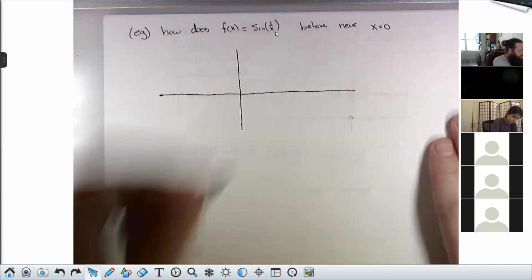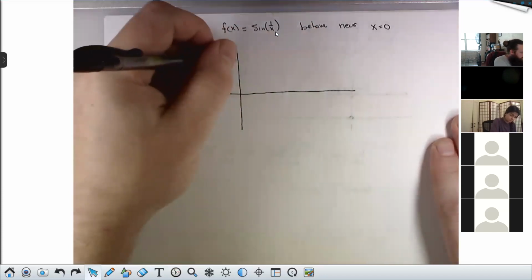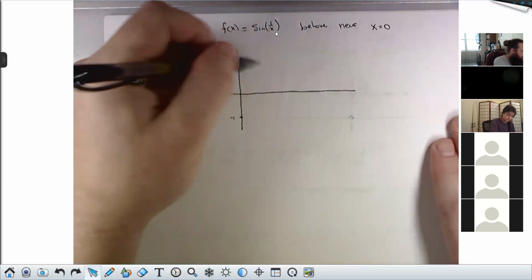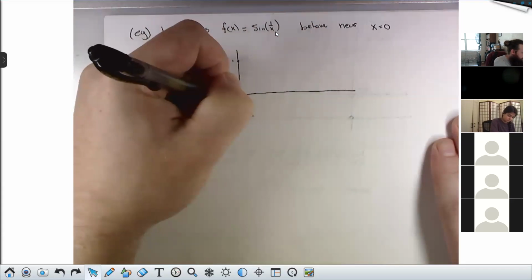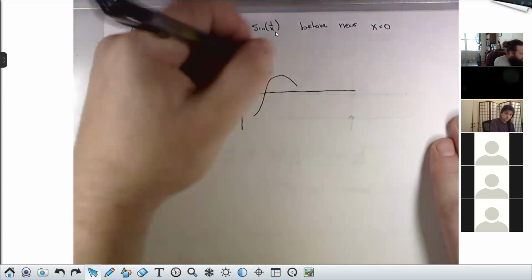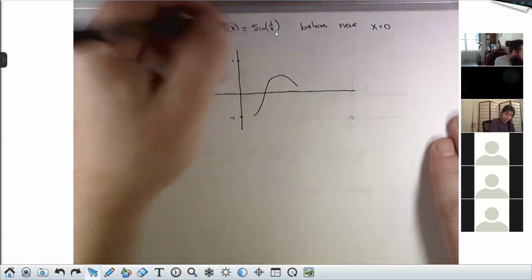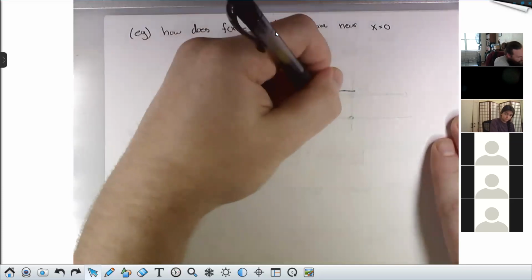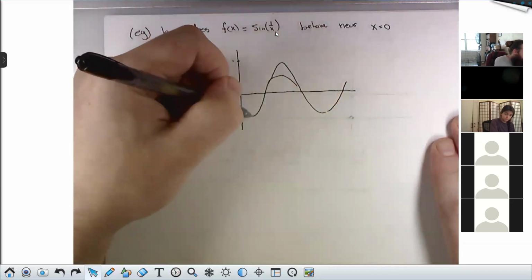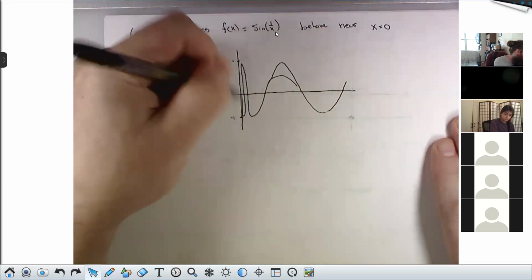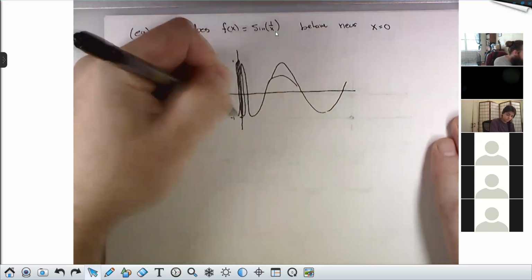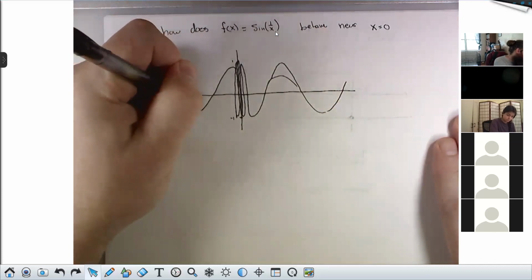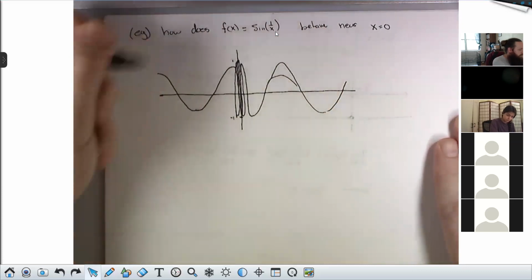So what's going to happen here, the function will be reasonably well behaved as long as we stay away from 0. And this oscillation will kind of decay. But then as you get in close here, it's going to start bouncing back and forth very, very quickly. And then it'll start to oscillate more slowly as you go further away.